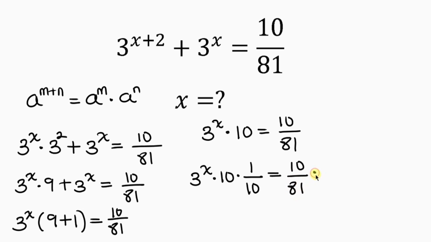I'll be multiplying the right hand side as well by 1 all over 10. Now notice that 10 cancels out 10, leaving behind 3 to the x times 1, which gives 3 to the x to be equal to, now on the right 10 cancels out 10, so that we have 1 all over 81.